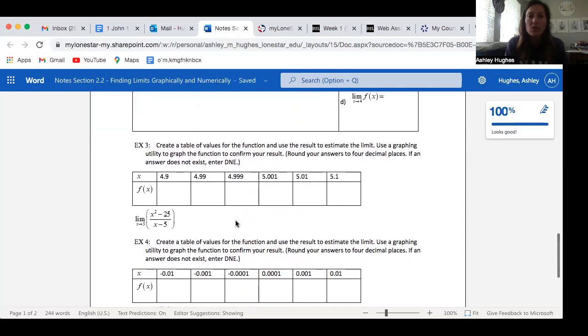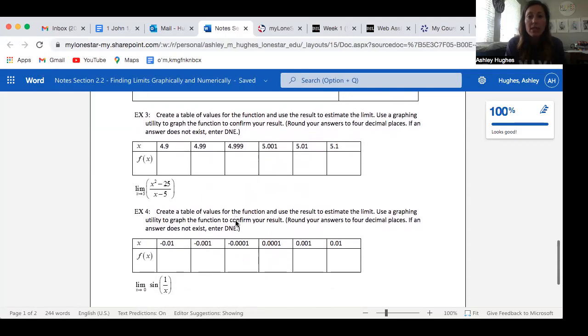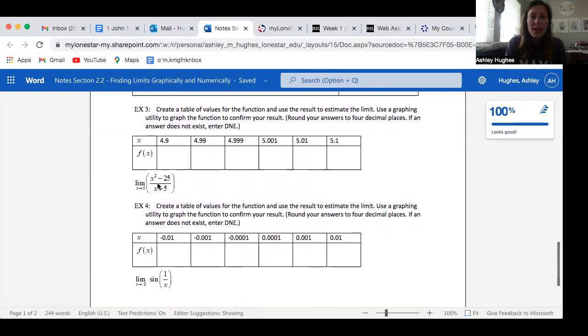Create a table of values for the function and use the result to find the limit. Okay, so here I have this function, x squared minus 25 over x minus 5. Now, if I were to plug this into y equals, which I'm going to show you in just a second, in y1, and then try to evaluate it at 5, what's going to happen is you're going to be dividing by 0.